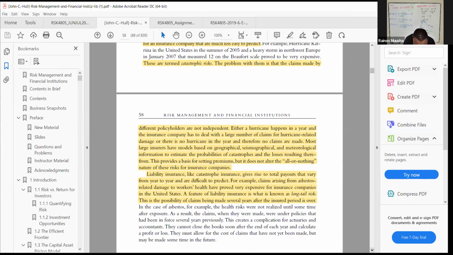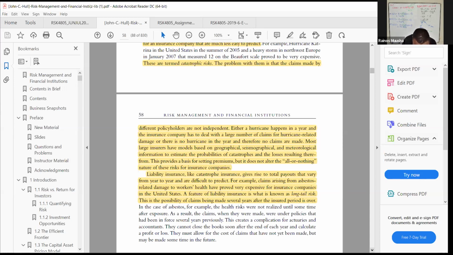Either a hurricane happens in a year and the insurance company has to deal with a large number of claims for hurricane-related damage, or there is no hurricane and therefore no claims are made. Most large insurers have models based on geographical, seismographical and meteorological information to estimate the probabilities of catastrophes and the losses resulting from them.